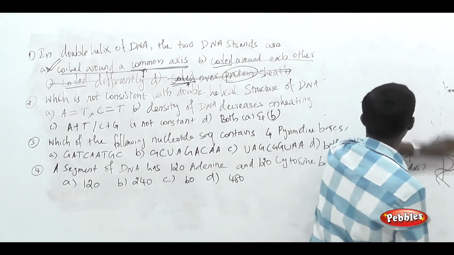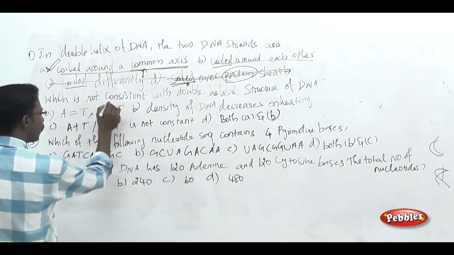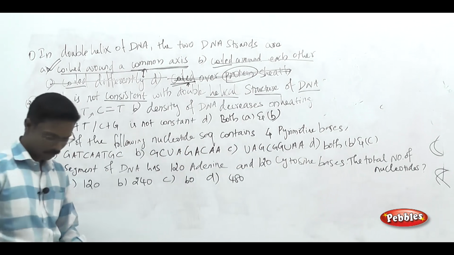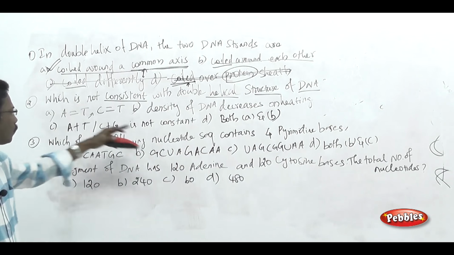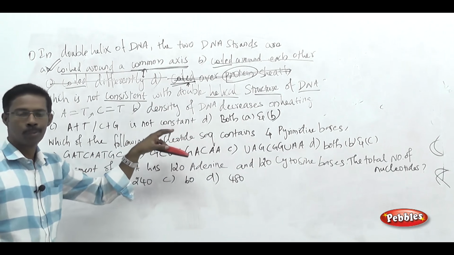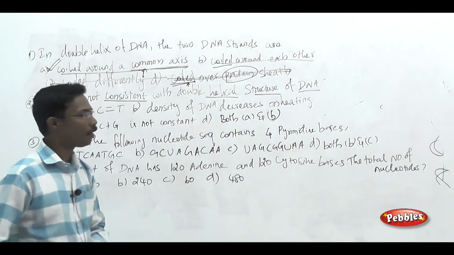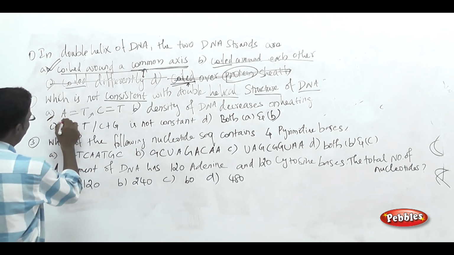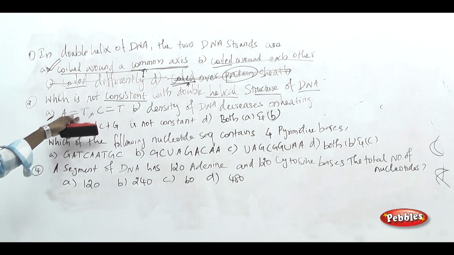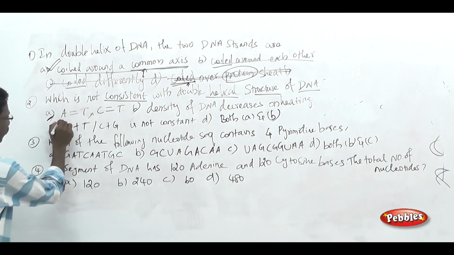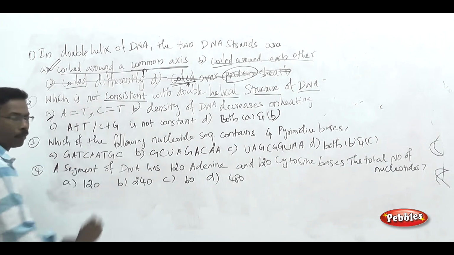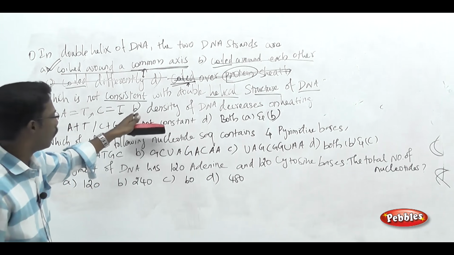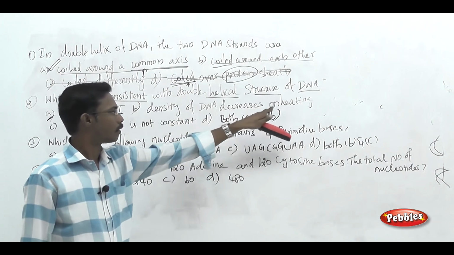See the next question: which is not consistent with the double helical structure of DNA? There are four choices given and you have to choose which one is inconsistent with the helical nature of DNA. Choice 1: adenine is equal to thymine, cytosine is equal to thymine. Choice 2: density of DNA decreases on heating.